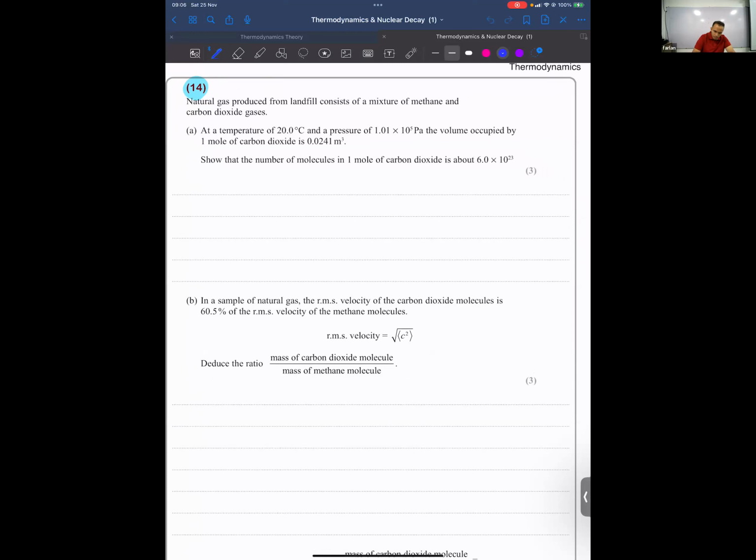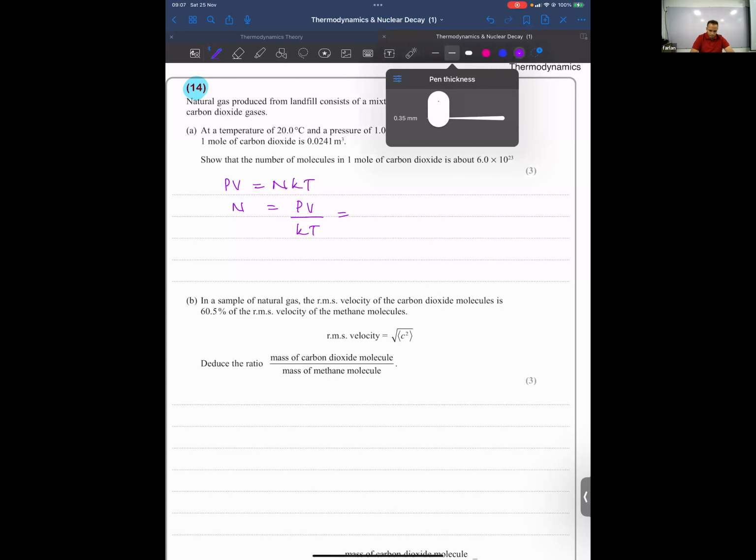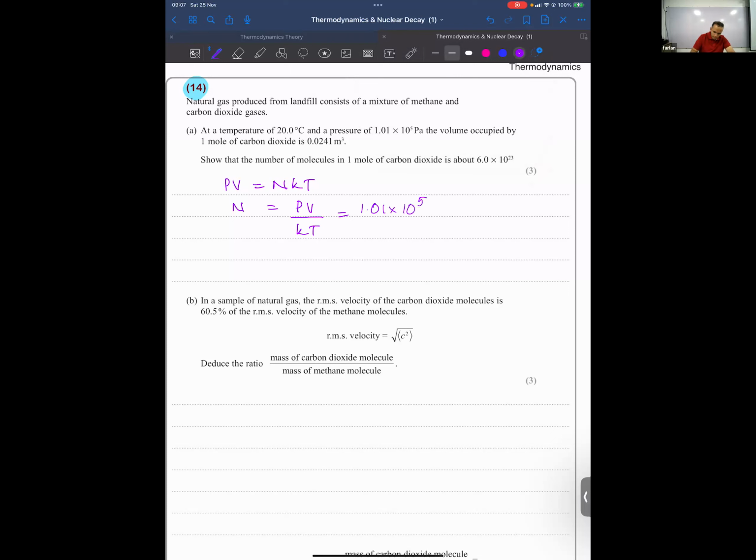So we can use PV equals NkT. Number of molecules N equals PV over kT. P is the pressure. Pressure is given, 1.01 × 10^5.